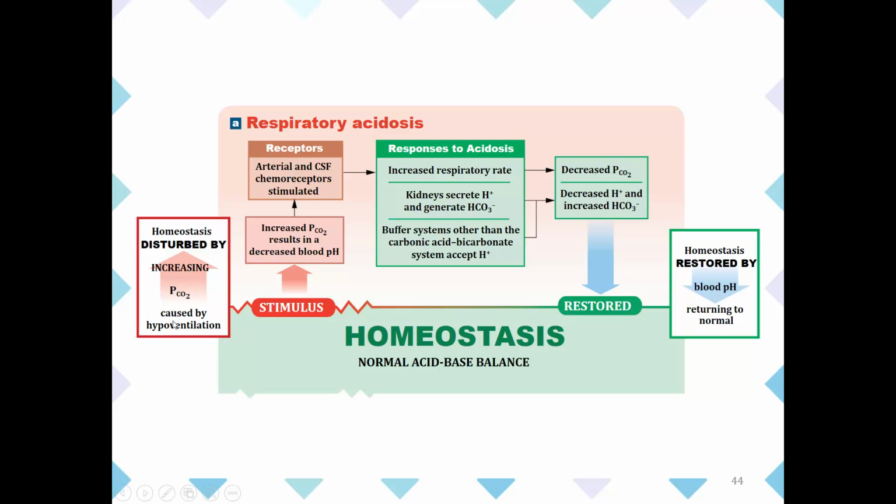So emphysema, chronic obstructive pulmonary disease, pulmonary edema, airway obstruction, results in too much PCO2, and so we can increase the respiratory rate, and that'll work to some extent, but then the kidneys can secrete that hydrogen ion and we can restore blood pH.